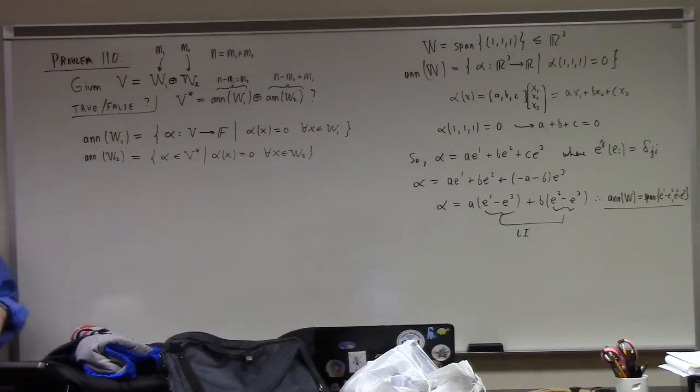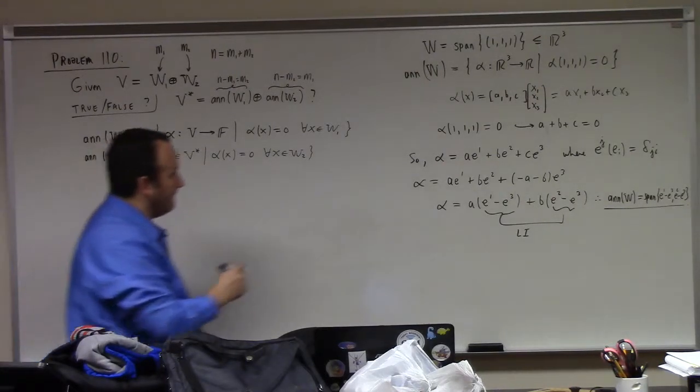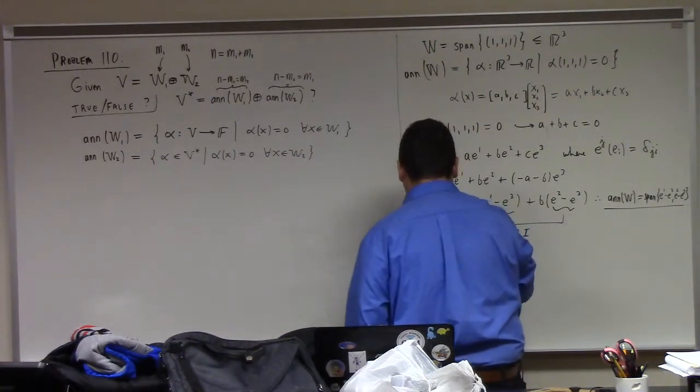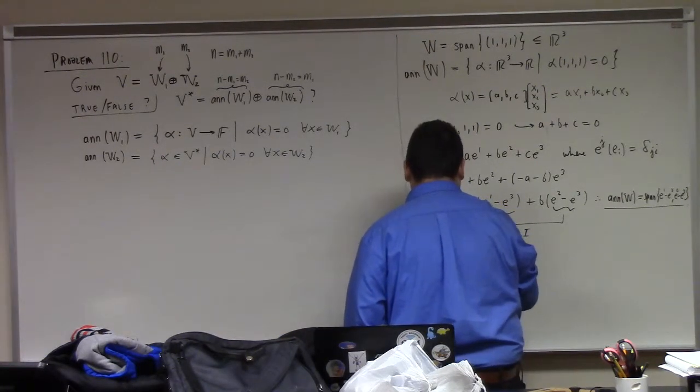In other words, what would give you a direct sum with W in my specific example? If we put W2 equal to the span of what?